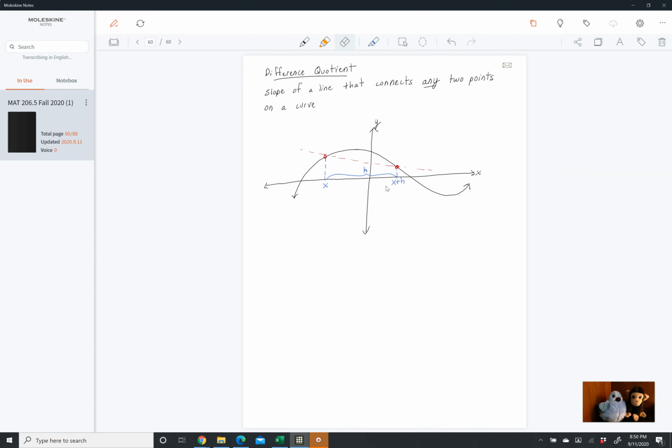So instead of using specific numbers, we're just going to use x and we're going to use x plus h as the x values of our 2 points. Okay, so these are the x values of our 2 points on the curve. Notice we're not giving you any numbers. That's because we want this to work for any 2 points.